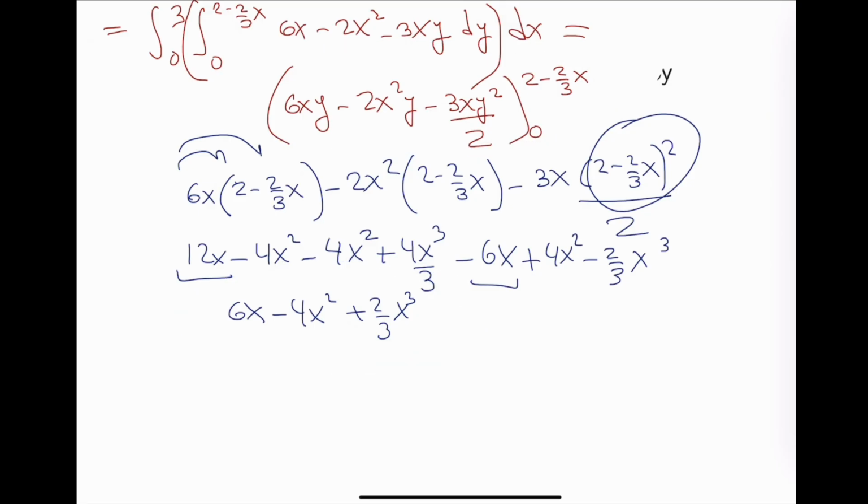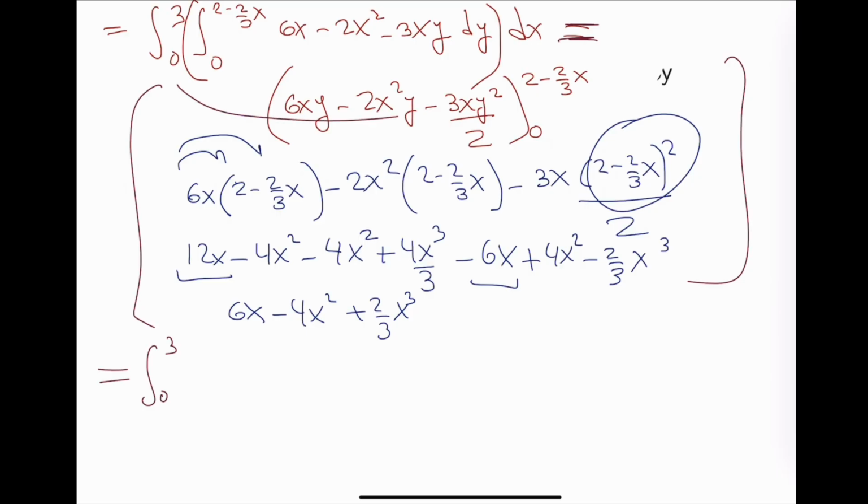So now putting everything in the integral that we were calculating, we have that this is actually equal to the integral between 0 and 3, and so all this one here is this result that we got here. So it will be just 6x minus 4x squared plus 2/3 x cubed dx, right? So this is the last integral we need to calculate here.